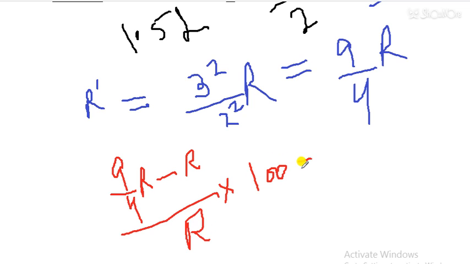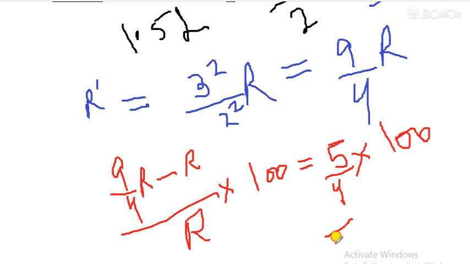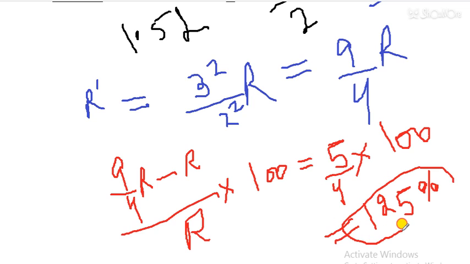So here you can see, by taking the LCM, R by 4, 9 minus 4, 5 by 4 into 100. So 125% will be the answer. Students, 125% will be the change in resistance. So 125% increase in the resistance.